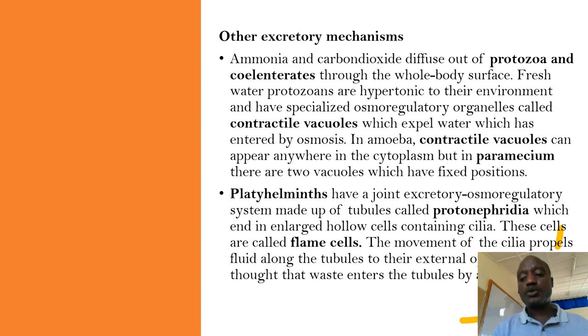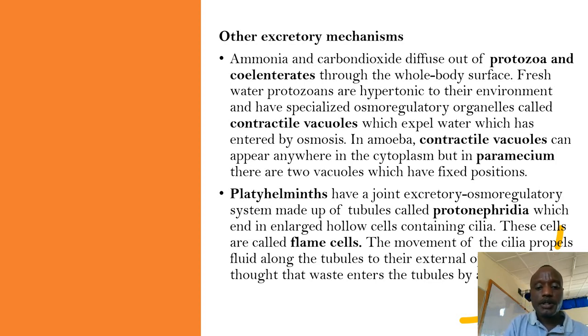Again we analyze how different organisms use different mechanisms to discharge their nitrogenous waste product or metabolic waste product. Ammonia is a nitrogenous waste product, but carbon dioxide is a metabolic waste product. But all in all, ammonia and carbon dioxide diffuse out of protozoa and the coelenterates.